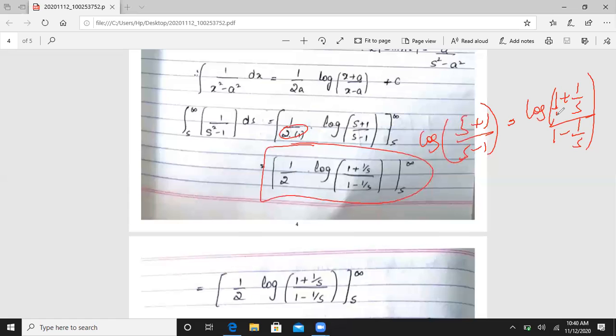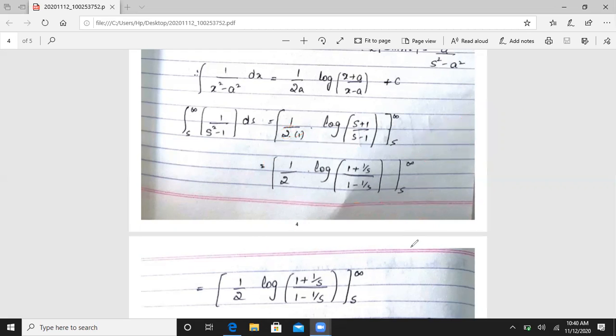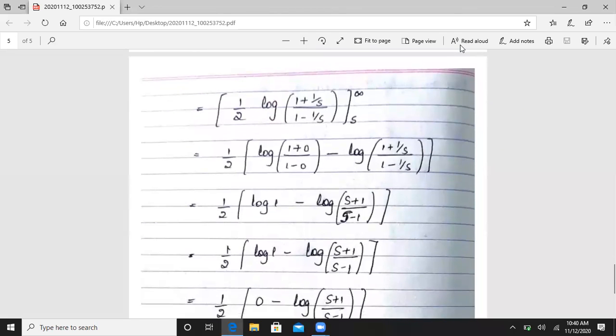So the next step is 1 by 2 into log of 1 plus 1 by s divided by 1 minus 1 by s, where the limits are s to infinity. Now we apply the upper limit minus the lower limit.